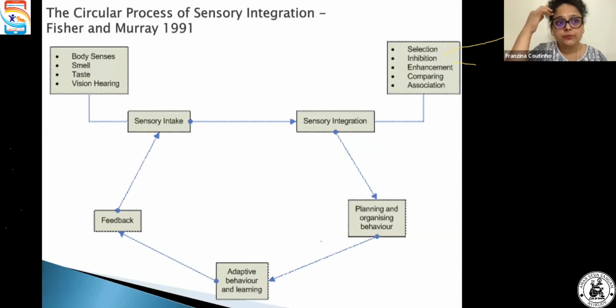Dopamine helps us focus and attend. So if you are trying to improve attention and behavior, doing a motivating task for the child becomes extremely important. So that's the science behind it, the dopamine.